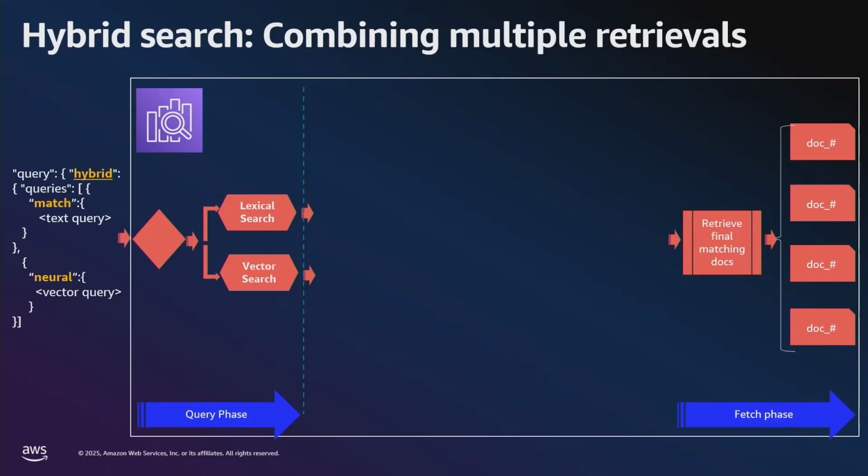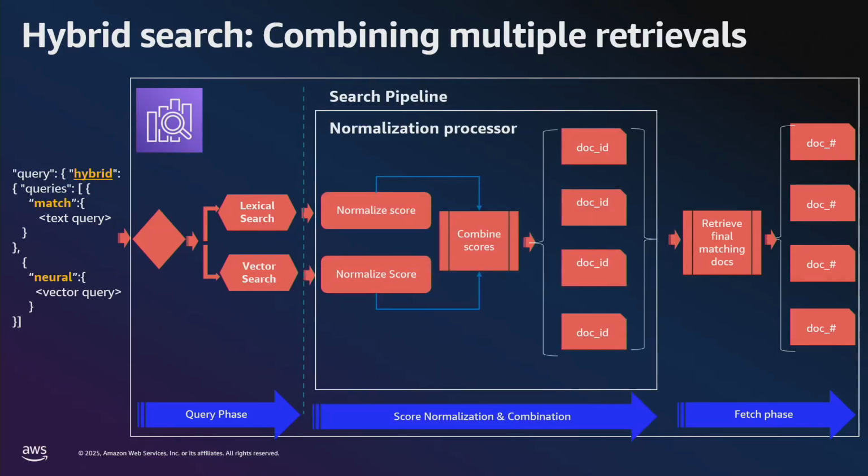Those queries run separately inside OpenSearch. The way OpenSearch manages the search is with the query phase and fetch phase. But with hybrid search, we intercept the results received from the query phase and normalize the score, because the scale of the score is different in both search types. So we normalize the score and get you the sorted results based on the score.